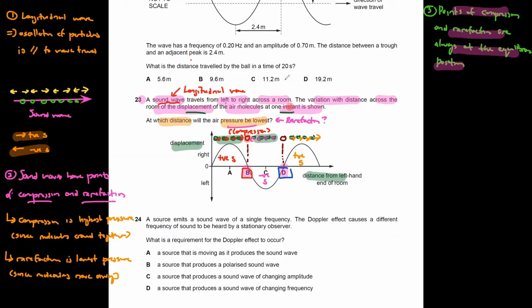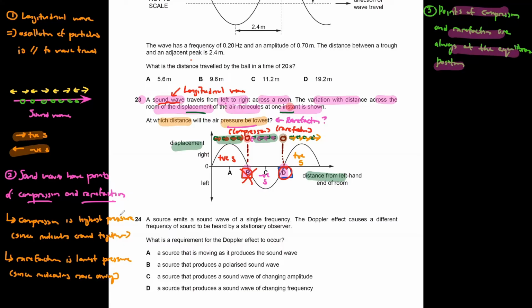So looking at this particle itself, all the particles are shifting away from it. So this is your rarefaction, because the particles are shifting away from that point. So your answer here should have been D, not B. D is your rarefaction point. That is the point where you have the lowest pressure.